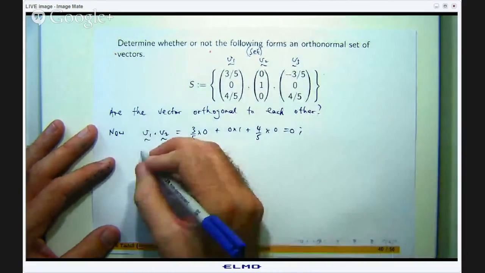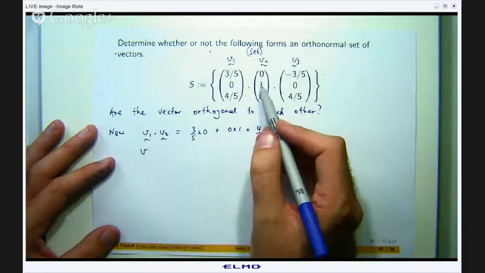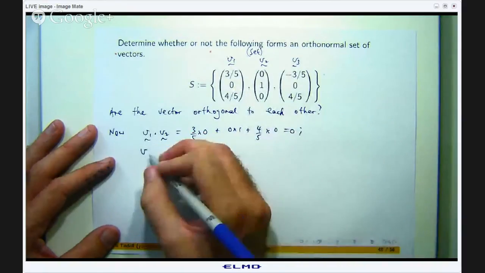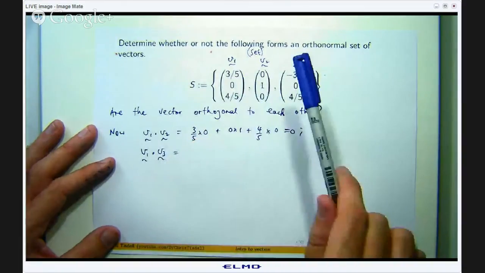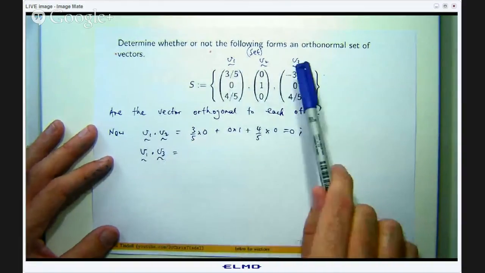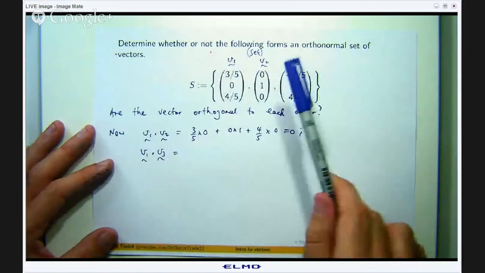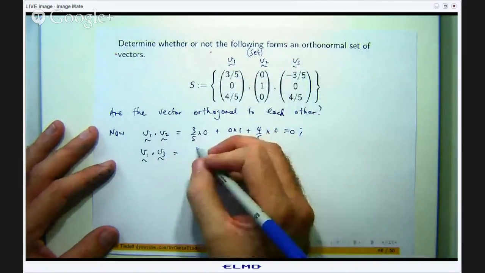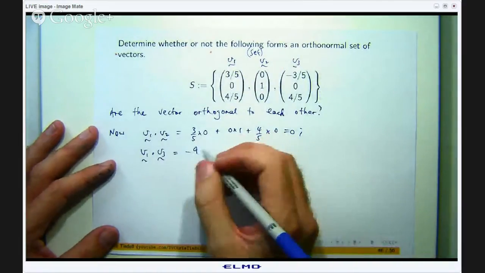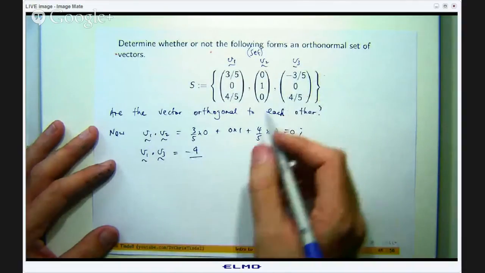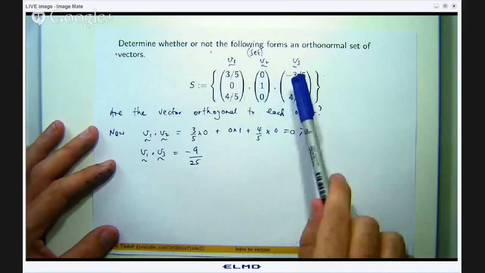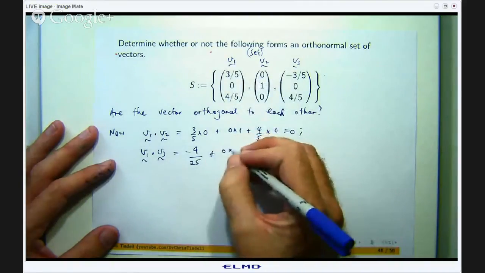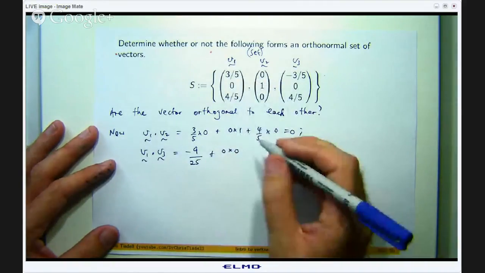Okay, let's work out the dot product of, say, V1 with V3. 3/5 times negative 3/5, so that's negative 9 on 25. 0 times 0 plus this.